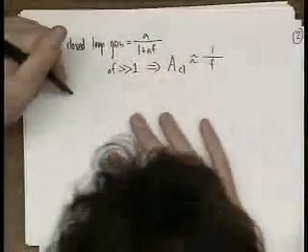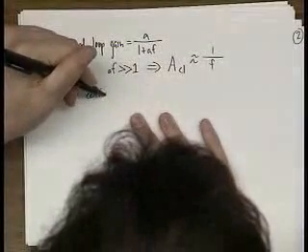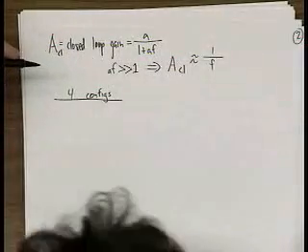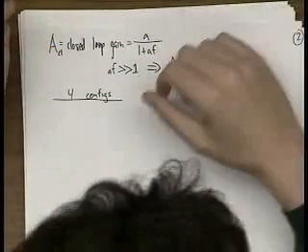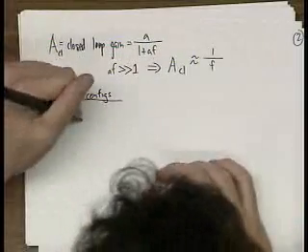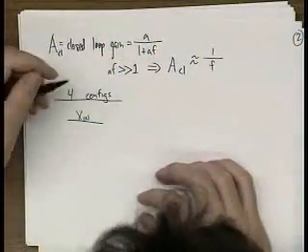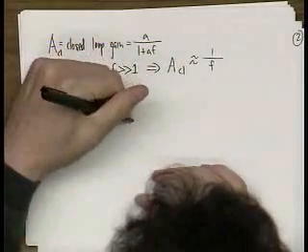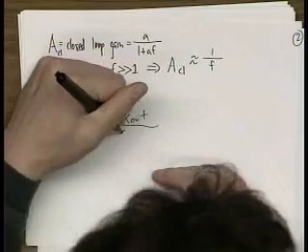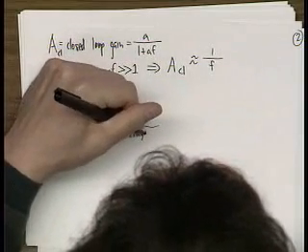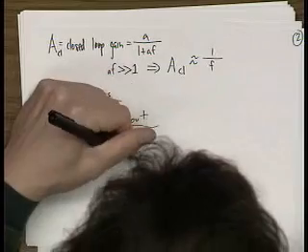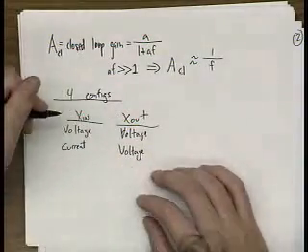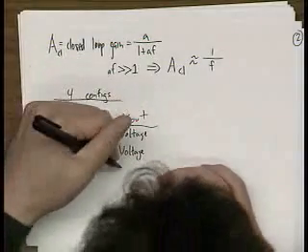So the 4 configurations: X in can either be, so we'll draw the voltage, X out, voltage. And here's where the notation in the Gray and Meyer differs from the Razavi book.